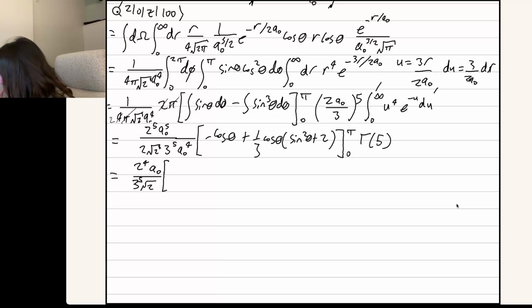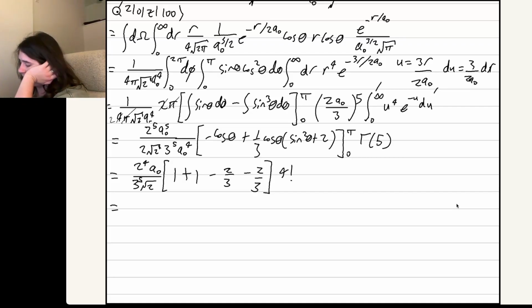And then cosine theta of pi, so minus cosine of pi is 1, cosine of 0 is 1, so plus 1, plus 1/3 times, actually no, it's not plus 1/3, it's minus 2/3, and then minus 2/3 again for theta equals 0. And then the gamma function of 5 is just 4 factorial.